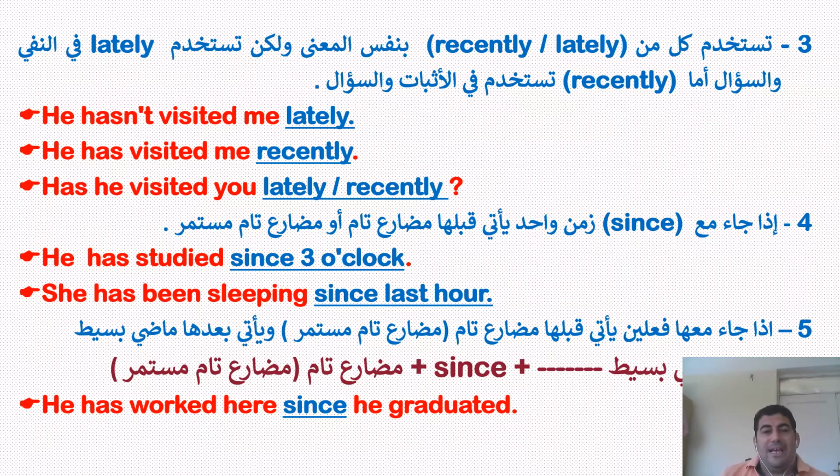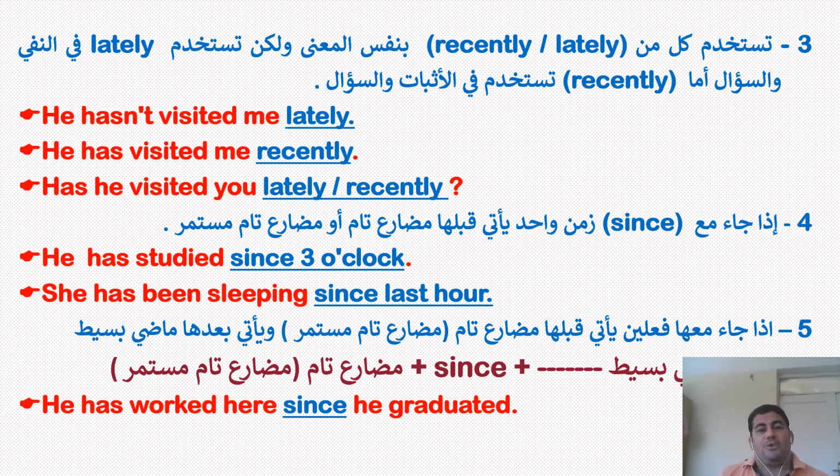But since it has a rule, it can come like this. It is preceded by the present perfect simple or the present perfect continuous and followed by past simple tense. So any sentence that comes after since must be in the past simple tense like this. Let's see an example.